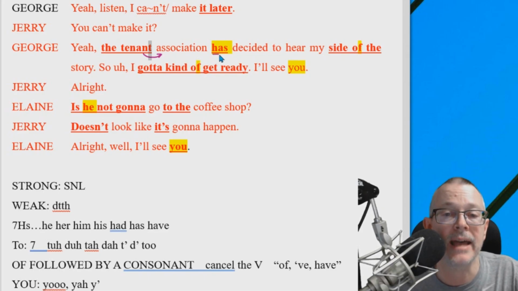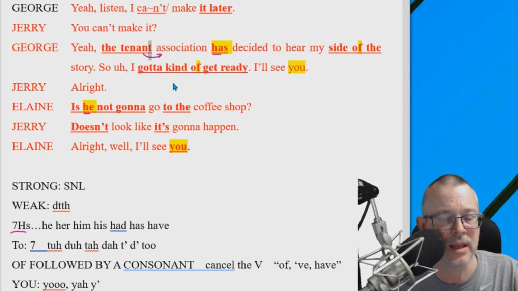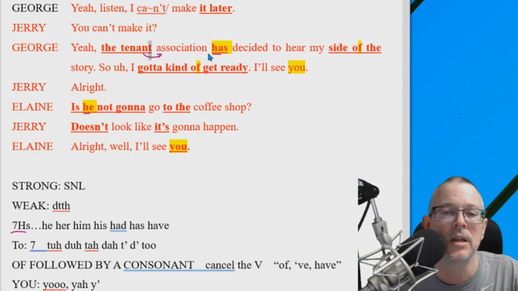Now we have the word "has." Also, we have the word "he." And we have another rule called the 7 H's: he, her, him, his, had, has, have. When these words show up in the middle of a sentence or at the end, especially in the middle, typically we cancel the H. And that's exactly what happened in both situations.